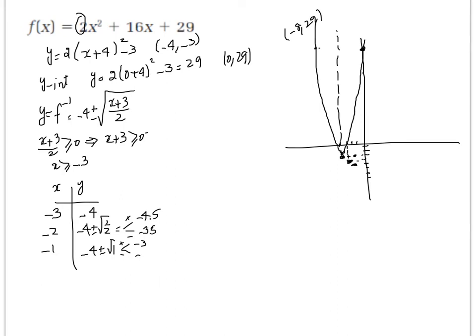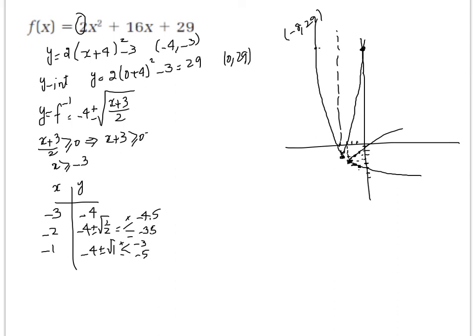If we go with negative, we get negative 5. So if x is negative 1, y is negative 3, which is a point close to here, and negative 5, which is a point close to here. Now we can see how the graph looks like. The graph is going to be something like this.